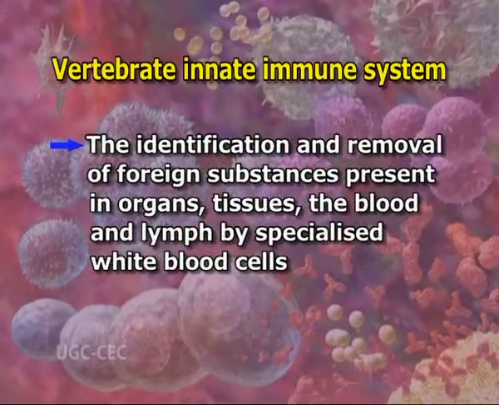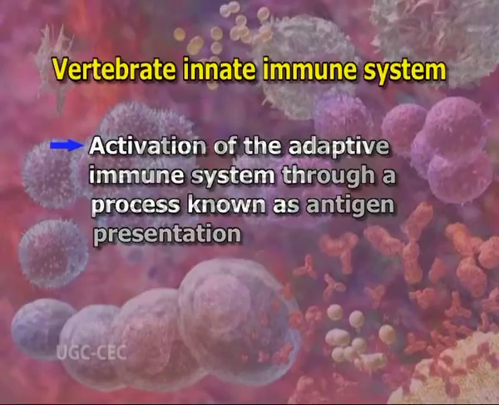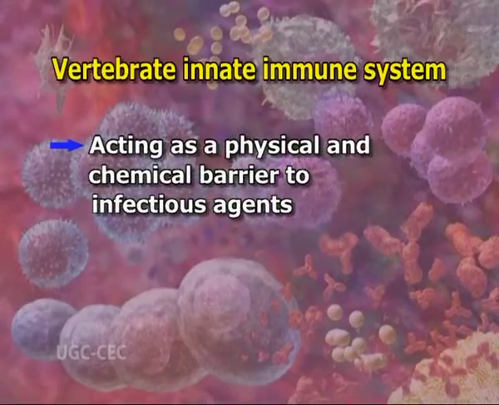Number 3, the identification and removal of foreign substances present in organs, tissues, the blood and lymph by specialized white blood cells. Number 4, activation of the adaptive immune system through a process known as antigen presentation. Number 5, acting as a physical and chemical barrier to infectious agents.